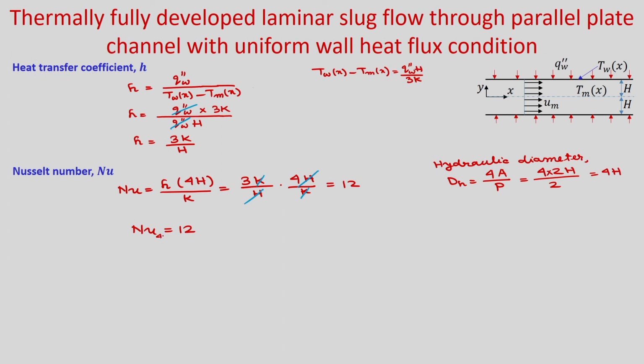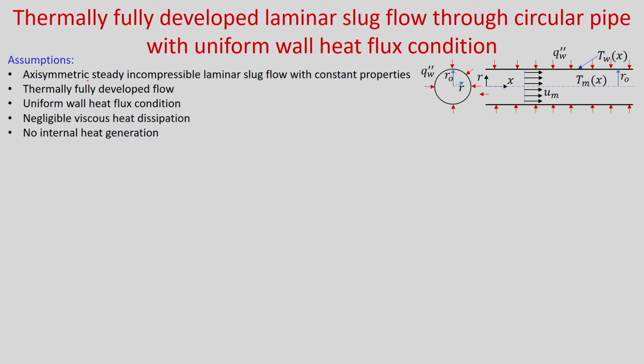So, it is based on the hydraulic diameter 4 h. Okay. Next, let us consider thermally fully developed laminar slug flow through a circular pipe with uniform wall heat flux condition. So, the assumption we will take is that it is axisymmetric.